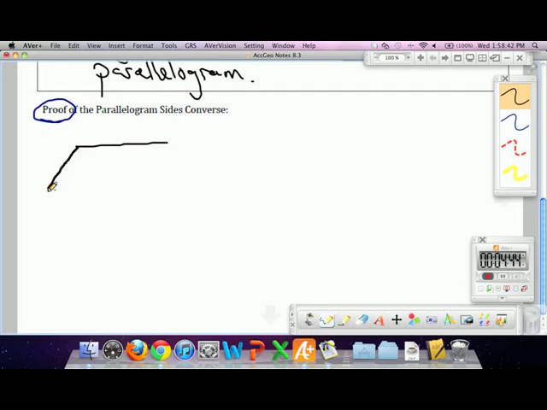We'll just draw a little figure here, and I'll call it A, B, C, D. All I know about this thing is that AB is congruent to CD, and AD is congruent to BC. That's all I know about this diagram, and I'm going to eventually try to conclude that this must be a parallelogram.